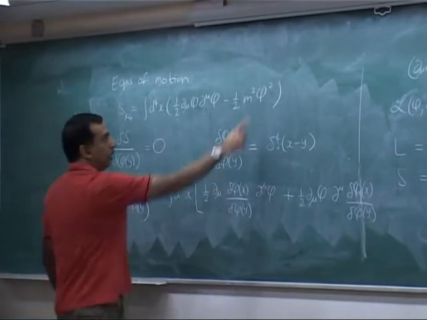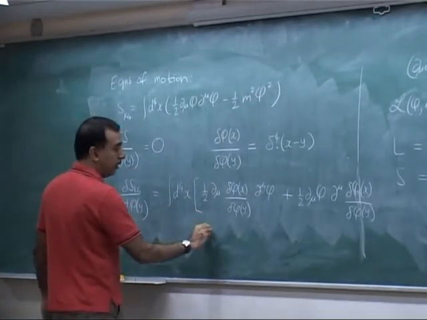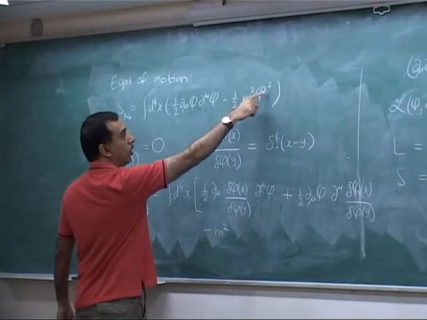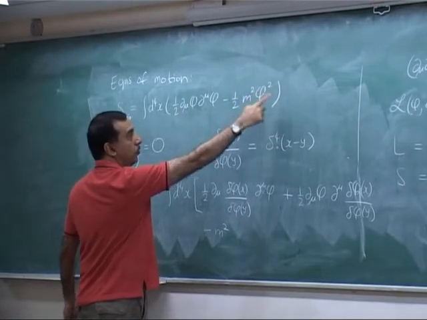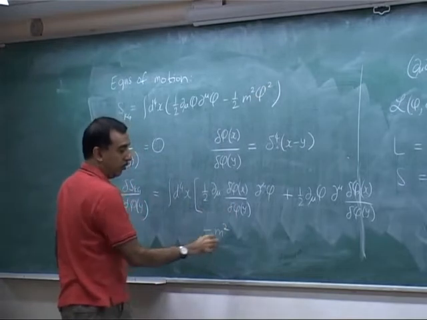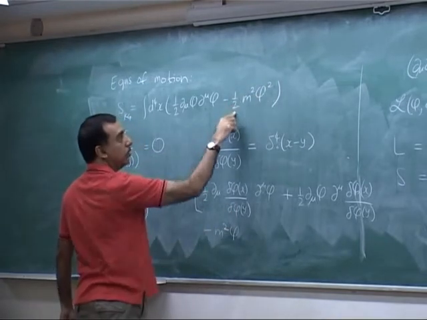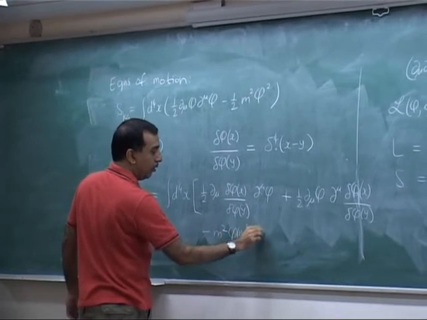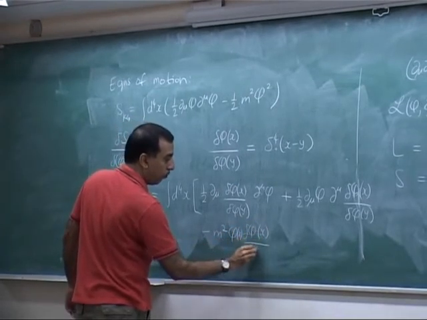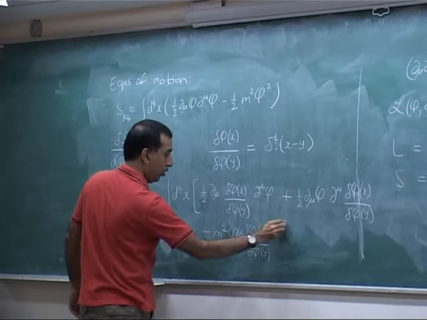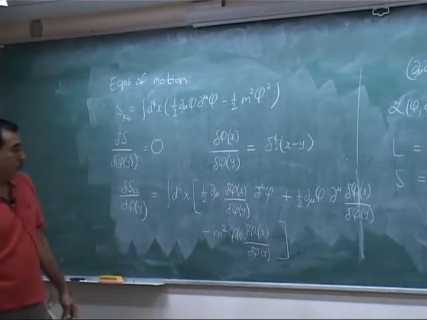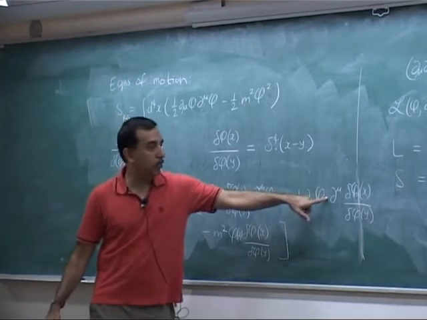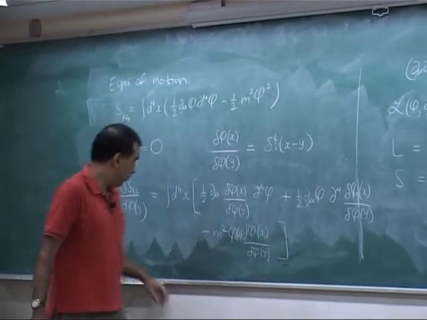And then here we have minus m squared, and the derivative of phi squared is 2 times phi times the derivative of phi. So that 2 cancels this 2, and we have delta. So this is at x. That's the answer. Anywhere that I haven't written the argument, it's supposed to be x.